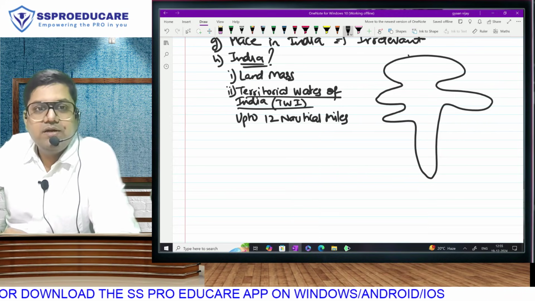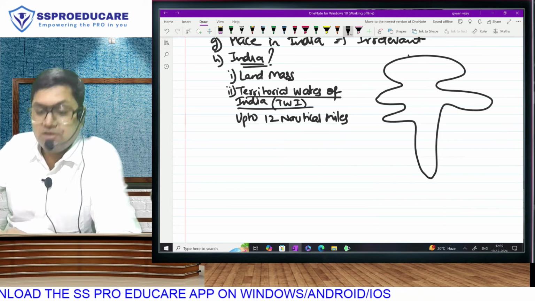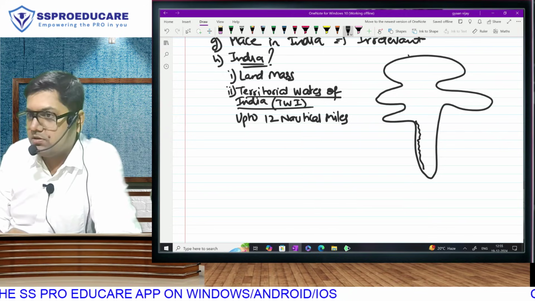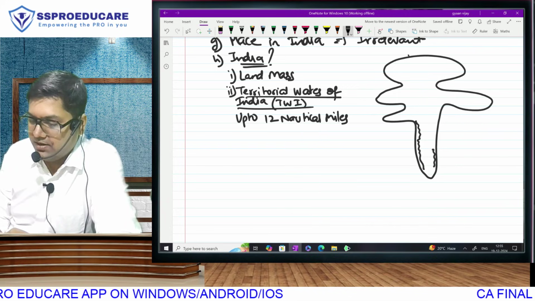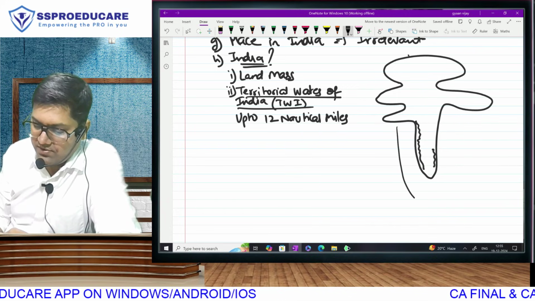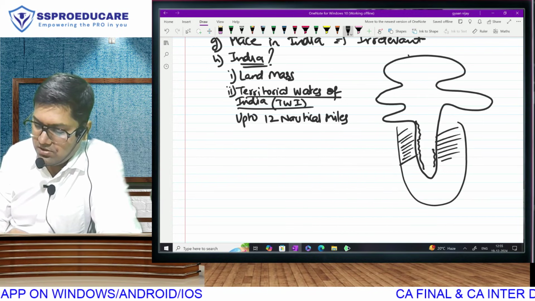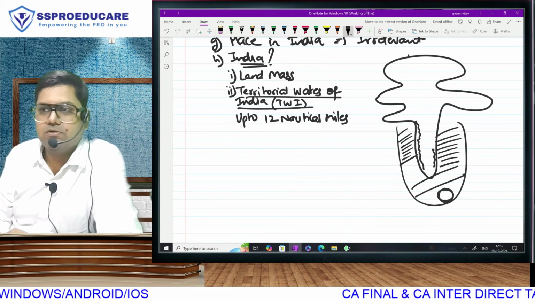So, for example, India from some parts is surrounded by landmass. But from other parts, for example, here, Maharashtra, Gujarat, in fact, Kerala is also here on the western coast of India. Tamil Nadu is on this side. So, do you understand? Here we have the Arabian Sea. Here we have the Bay of Bengal. Here we have a small Sri Lanka, but otherwise there are water bodies here also.